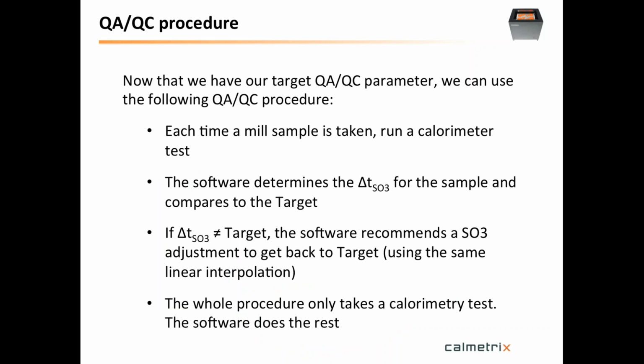It calculates those times between main peak and onset of sulfate depletion peak, and compares this to your ideal target parameter. It will also suggest a correction factor: if you're off, you can add a little bit of sulfate, or use a little less, to go back to your 120 minutes. And the way it does that is very simple.